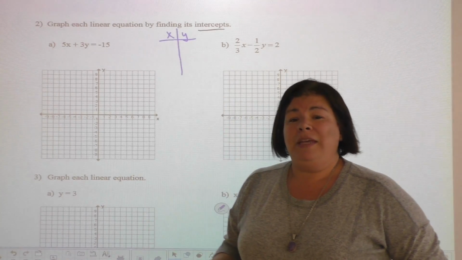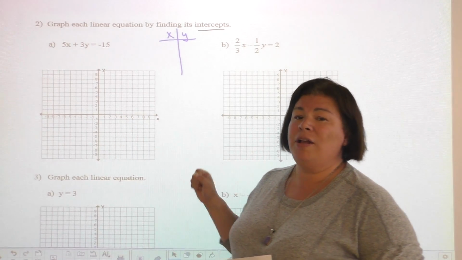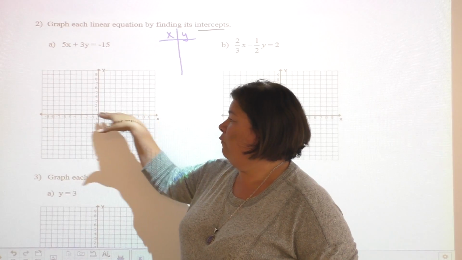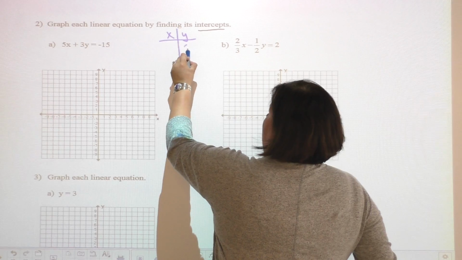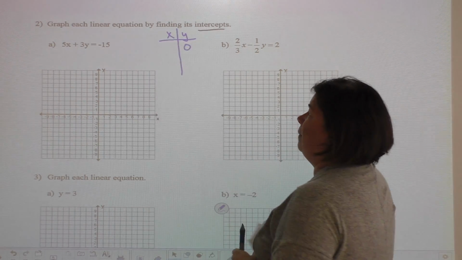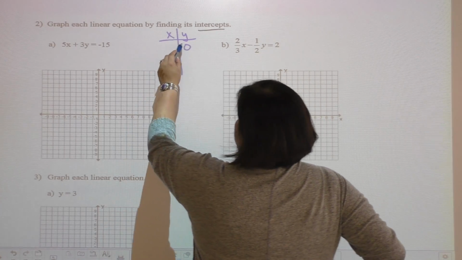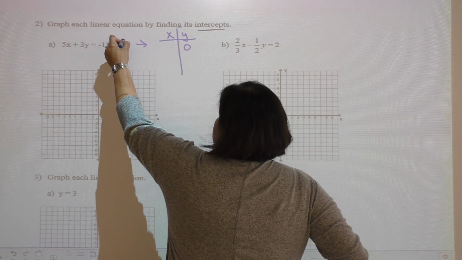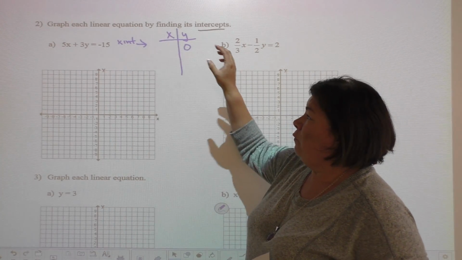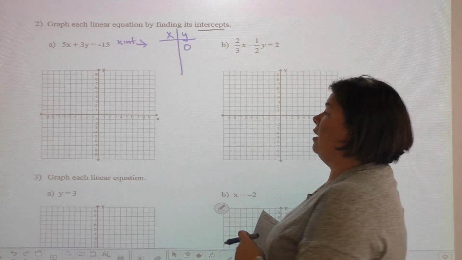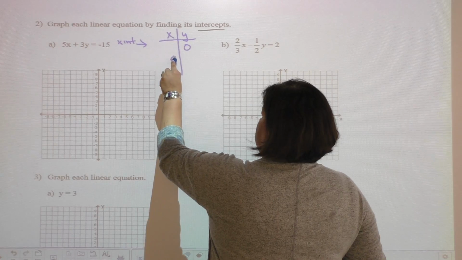When we're looking for the x-intercept, we're looking for the place where our graph crosses the x-axis. And if we're on the x-axis, our y value has to be 0. So that means our x-intercept is going to be some x value, comma 0. I'm just going to write here that this is our x-intercept. And on the reverse of that, if we're looking for our y-intercept, we know that we're going to be on the y-axis, so our x value would have to be 0.